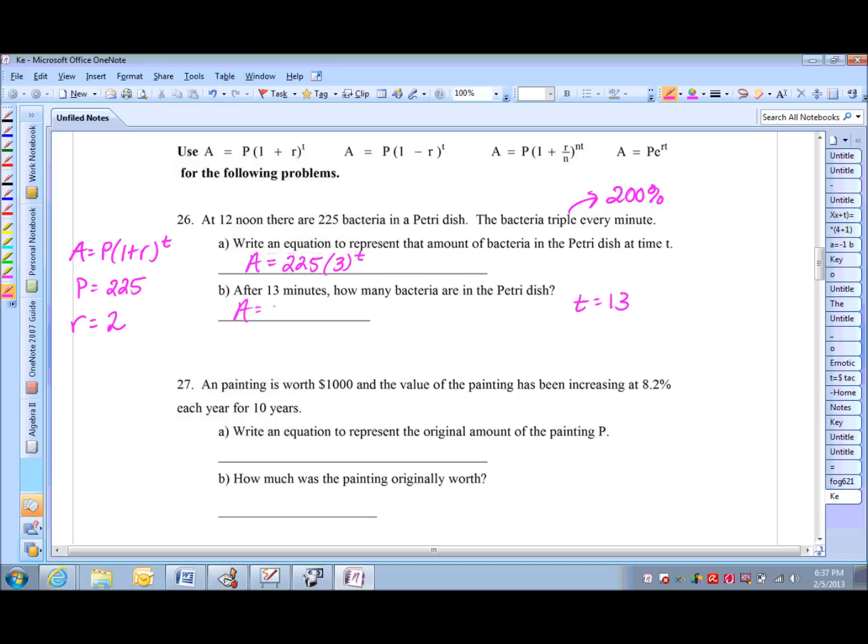So A equals 225 times 3 raised to the 13th power. And this gives us, when we plug into our calculator, a value of 358,722,675. It's amazing how much bacteria grew in 13 minutes, right?